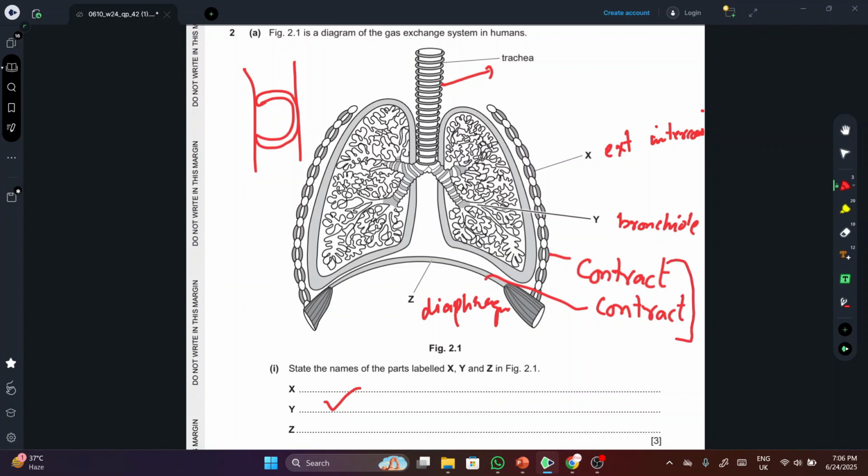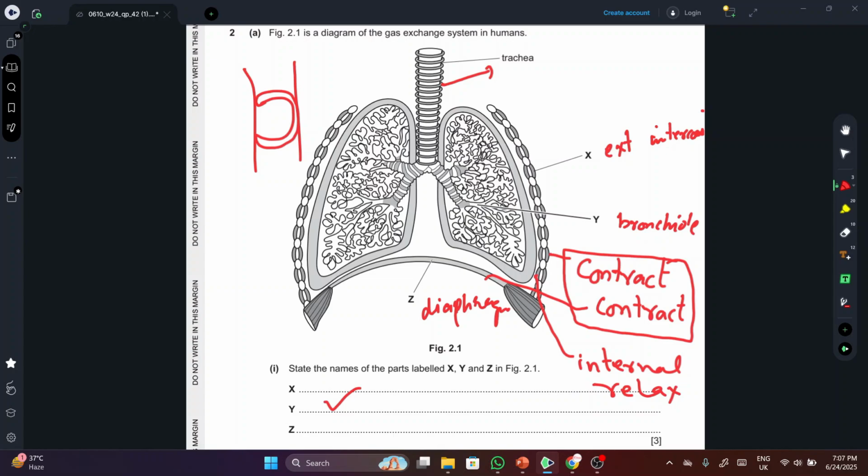These two both contract during inhalation. The internal intercostal muscles work oppositely, so they relax. They work antagonistically.